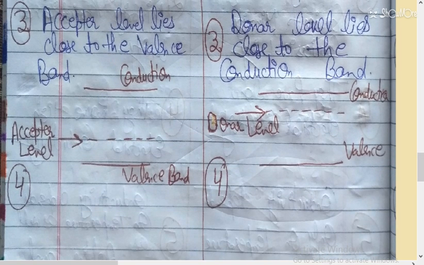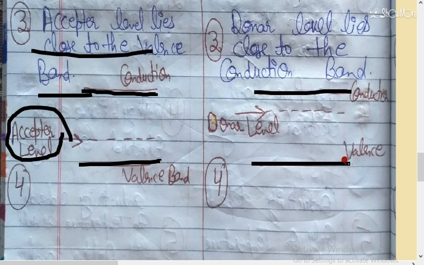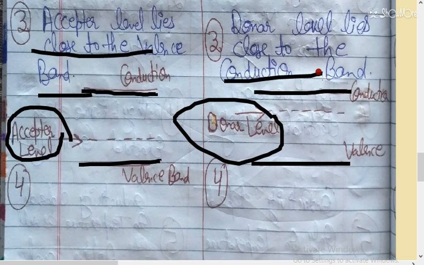You can see this diagram. This is the conduction band, this is the valence band, and this is the acceptor energy level, lying close to the valence band. In the donor level diagram, this is the conduction band, this is the valence band, and this donor level is lying close to the conduction band.